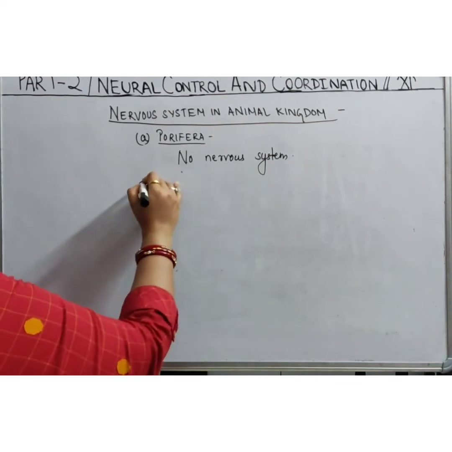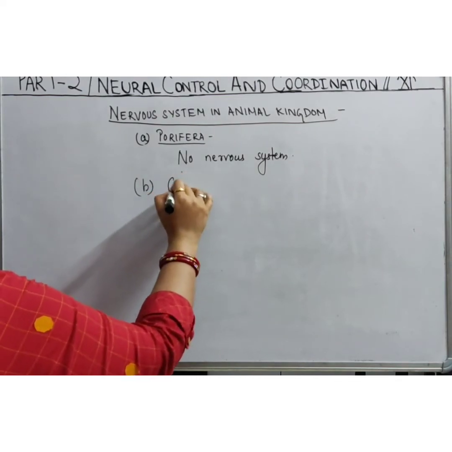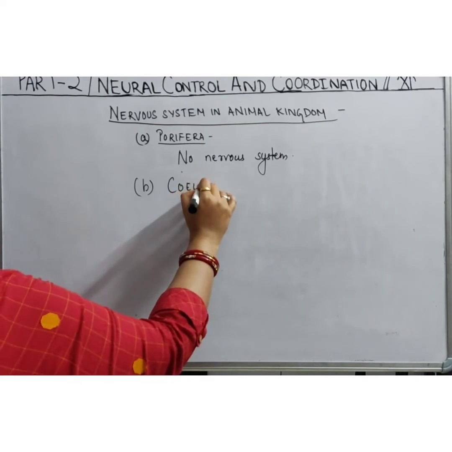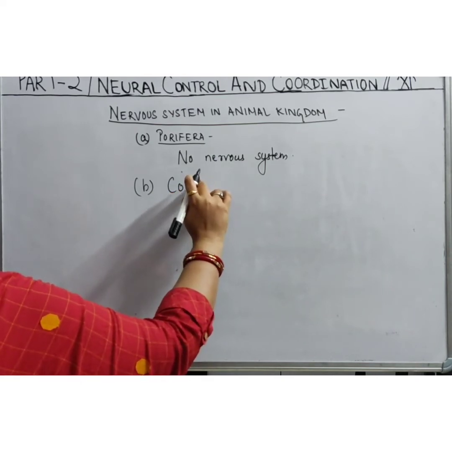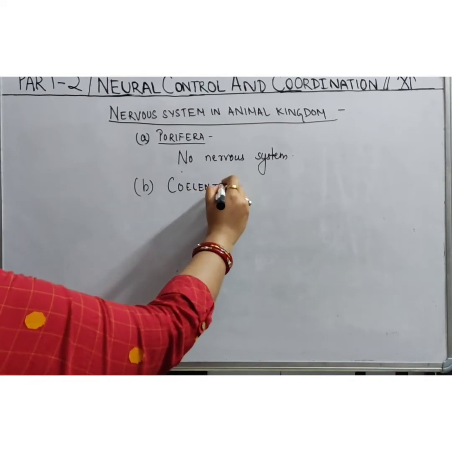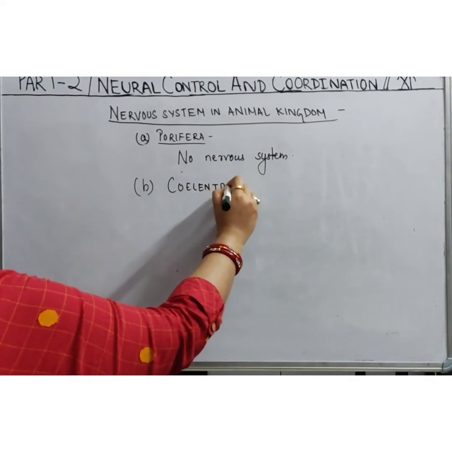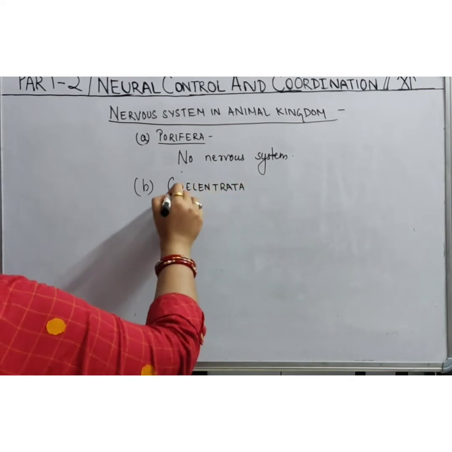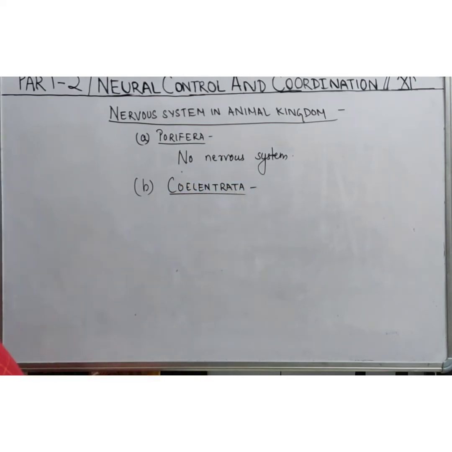Next we are going to talk about Coelenterata, also called coelenterates. Porifera has no nervous system, but Coelenterata have a nervous system.